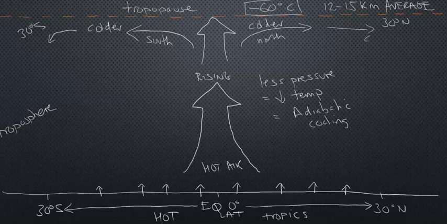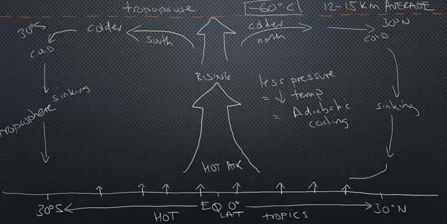So this cold air that is very dense is going to sink down over the latitude of 30 degrees north and south. So we have this sinking or descending air either side of the equator at 30 degrees north and south, and it's going to come down towards the surface, and it's going to be pushed either side because the air cannot go through the ground, obviously being solid rock or ocean. Some might diffuse in the ocean, but the majority can't go through, and it's then pushed either side, again, north and south.